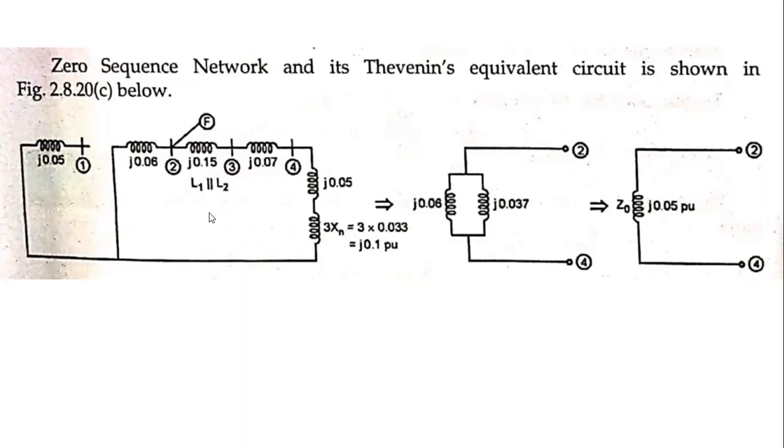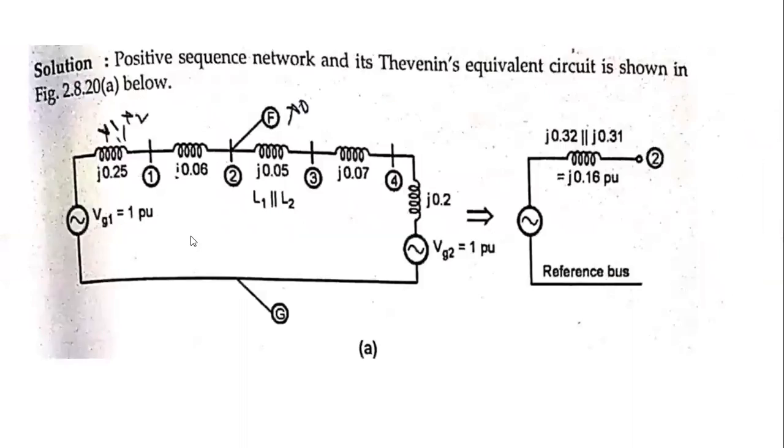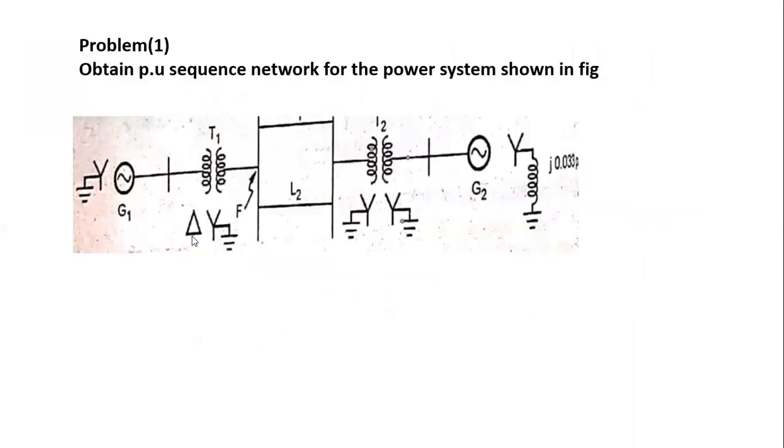Then next we are connecting the transformer. What is the connection for that transformer? That is delta for star grounding. What is the equivalent for that transformer? This is the reactance. Delta connection means there is a connection between the reactance and the reference bus. This is the reference bus. Ungrounded on the primary side means open circuited, and the secondary is star with grounding.